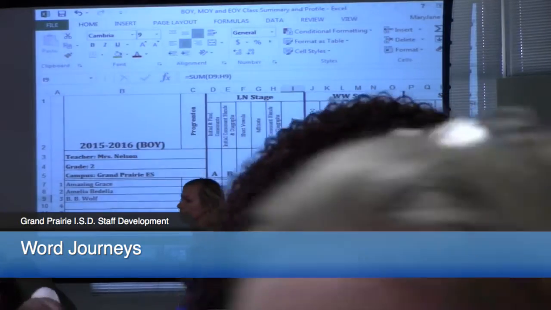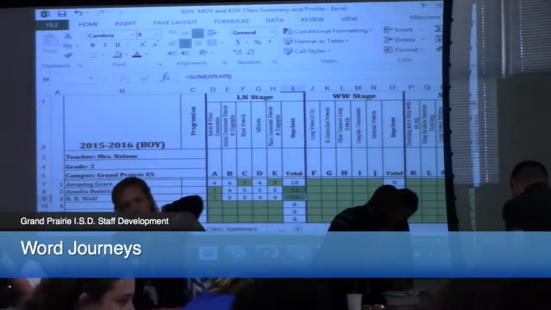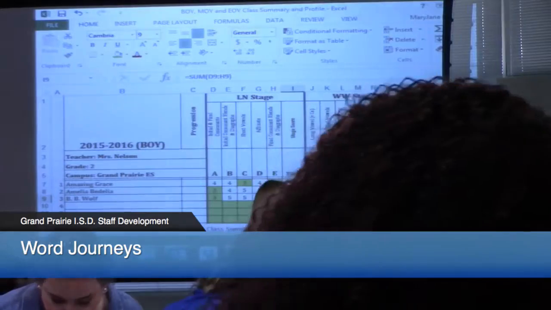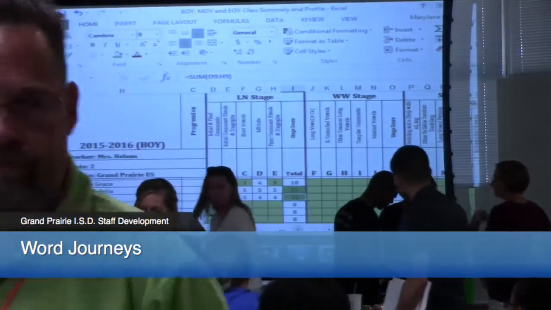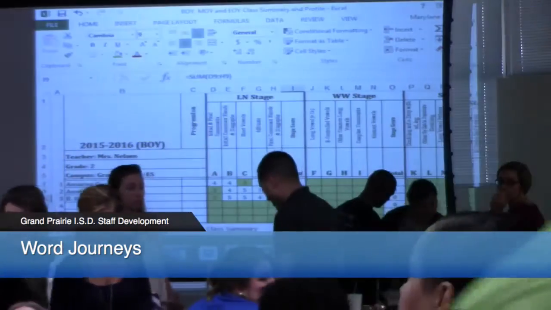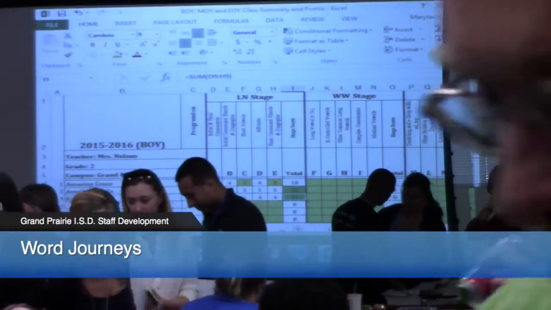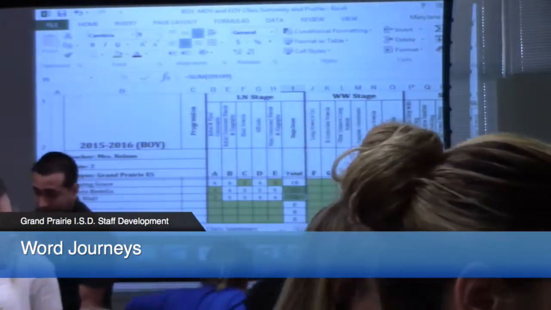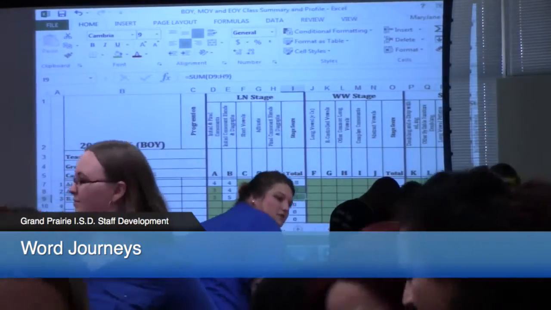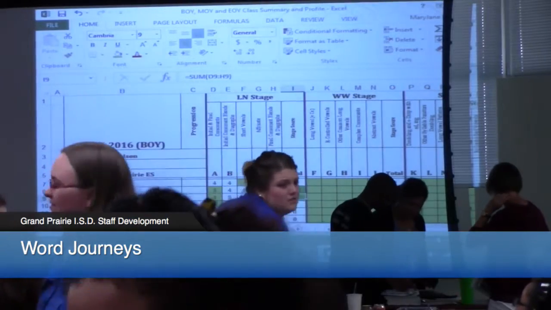Because the total is more than 20, we don't mark the first one? No, we don't mark it because they don't need our help with it. Here it's A. If we look at A, the pattern for A is, do they understand initial and final consonants?